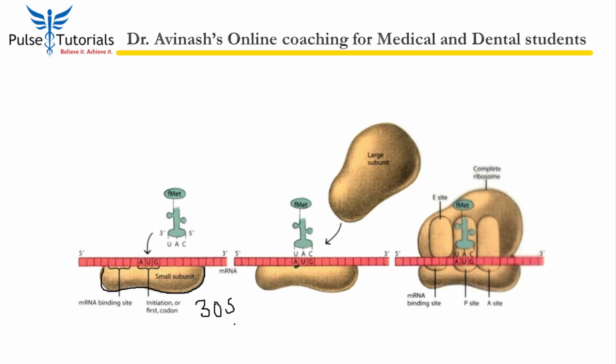Simple enough. Now the moment this 30S subunit sticks, the first codon is read. The first codon in most of the bacteria, most of the RNAs actually, is AUG. It's the start codon, right?